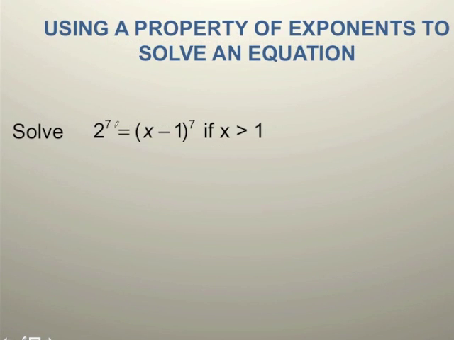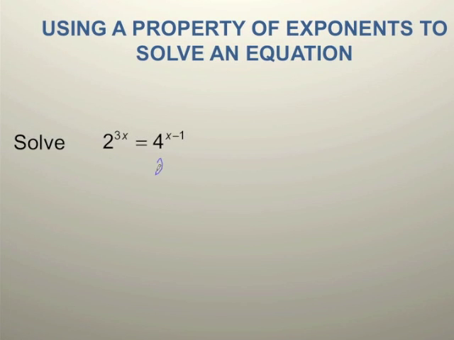Well, let's do the bases. Here we have the exponents are the same and the bases are different. Since that's true, let's say the bases have to be the same. So 2 will equal x minus 1, and x equals 3, and x is greater than 1. So we're good there.